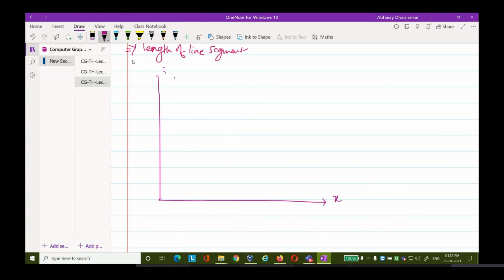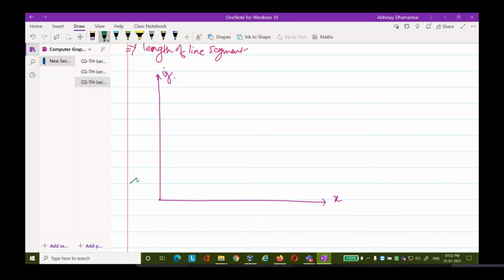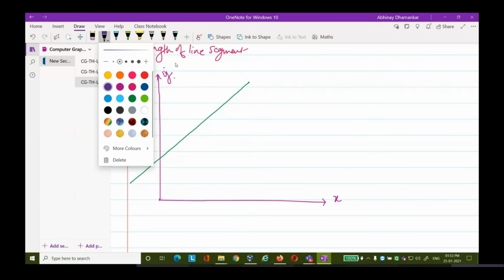This is the x-axis, this is the y-axis. And one line here. I will take a different color. Green color, is it visible? Okay, I will draw the line from this point to this point.